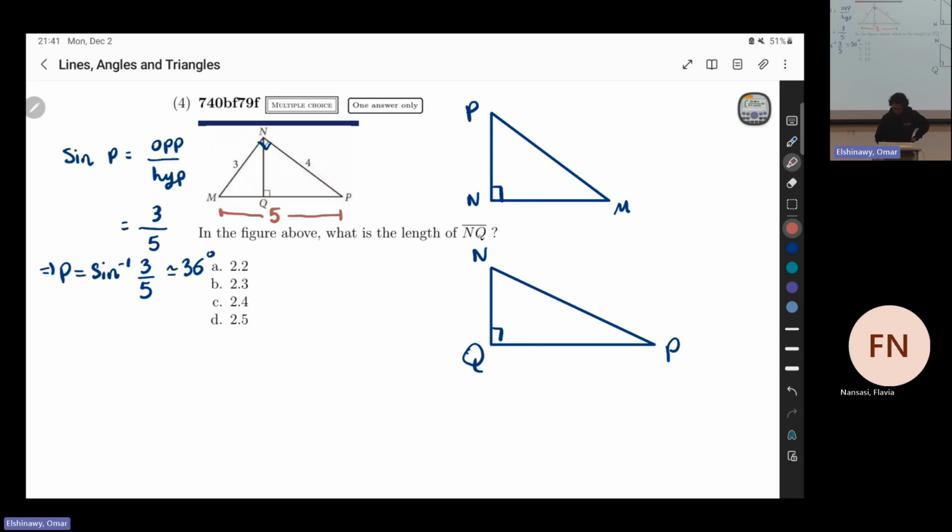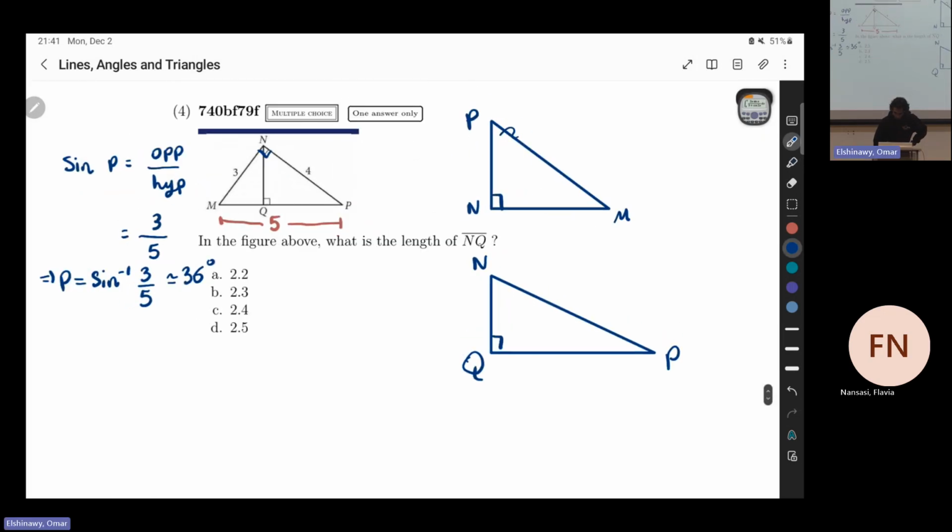You said the sine of the angle P in the bigger triangle is equal to the opposite side divided by the hypotenuse.